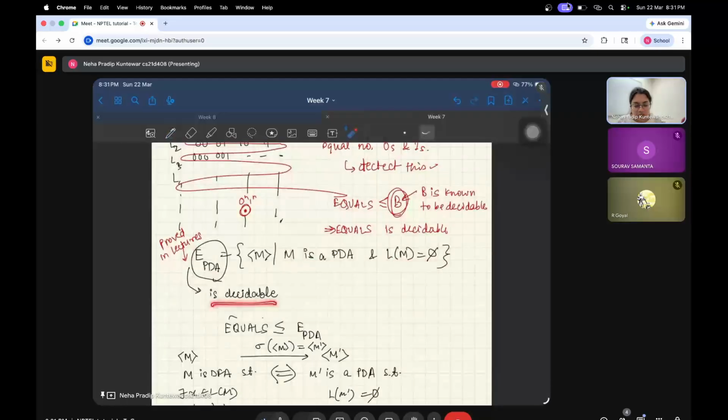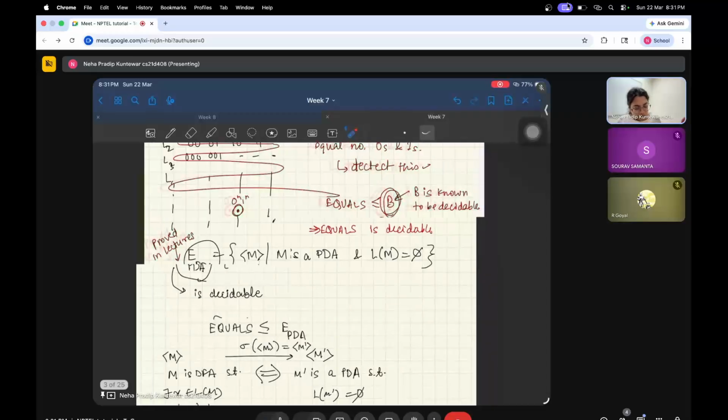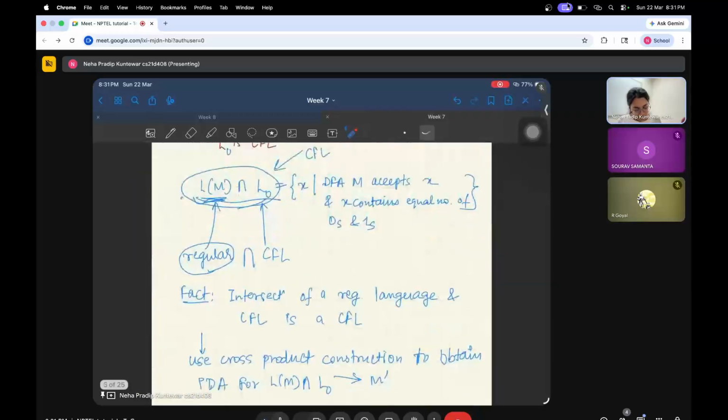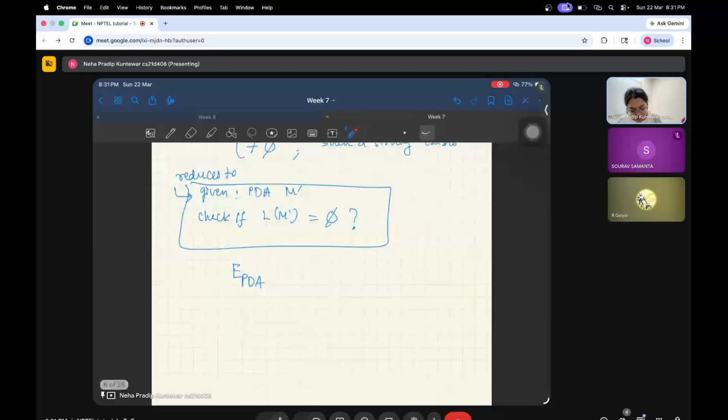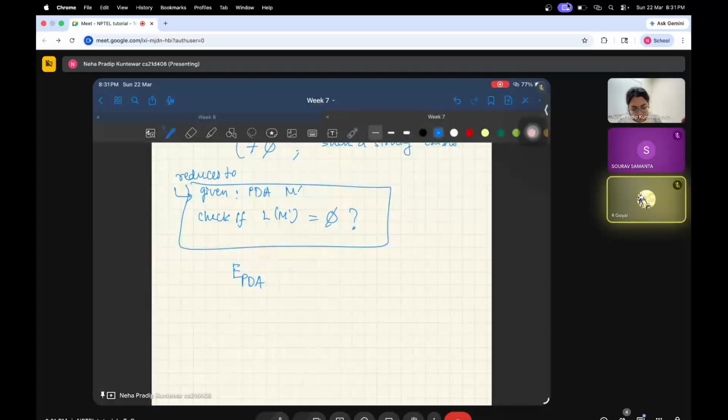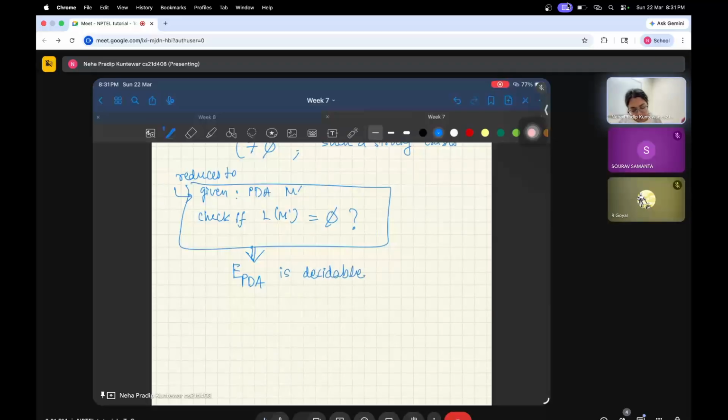And this is something we know is decidable. Actually, we know that ECFG is decidable, but then for every CFG, since we can construct the PDA, therefore EPDA is also decidable, right? This is decidable, therefore our original problem EQUALS is decidable.